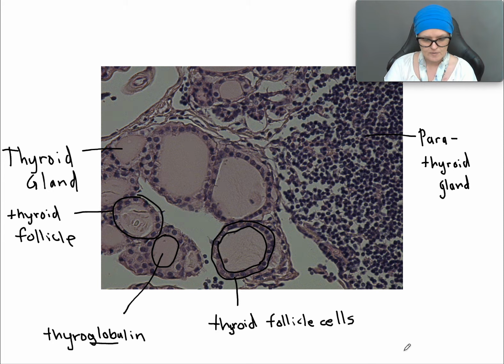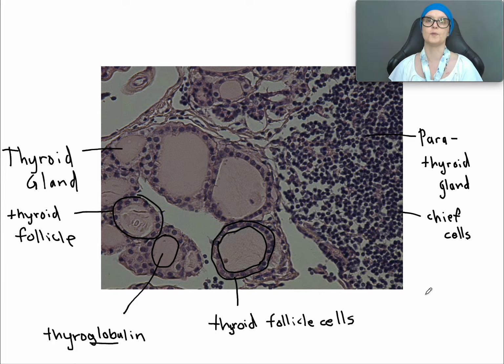Okay, and then we need to learn the names of the cells in the parathyroid gland, and the majority, the cells that we're learning are called chief cells. Although I think the new lecture book has a different term for them, but for lab we'll call them chief cells.